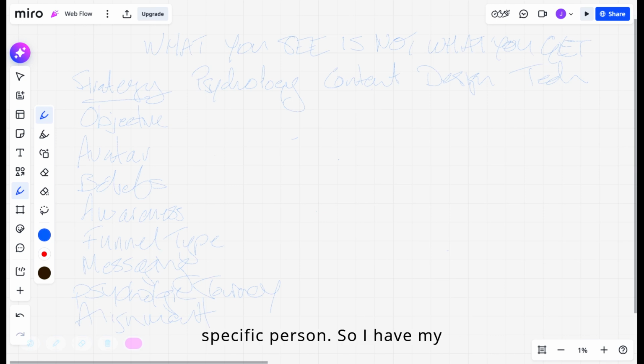So I have my avatar, I understand their problem, solutions, mistakes, all that kind of stuff that they have. And I don't deviate off that. I'm quite specific about who my avatar is. And I check that each stage does shift the beliefs forward.